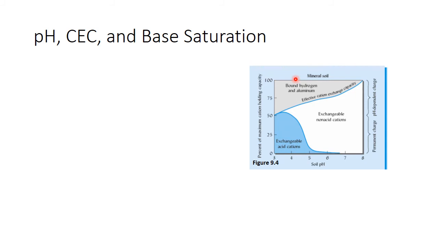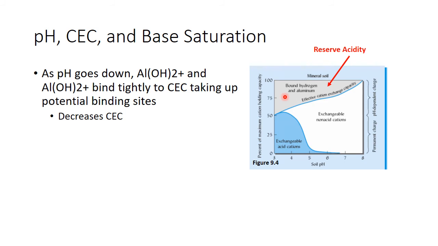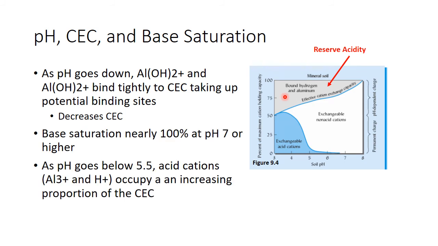Some of these sites are tightly bound, and we think of that as reserve acidity, and some of these sites are exchangeable, and we call those exchangeable acidity. These exchangeable acid cations can be exchanged with calcium and magnesium and so on. But our reserve acidity is what's tightly bound, and that reduces the potential CEC that might be available at a given pH.